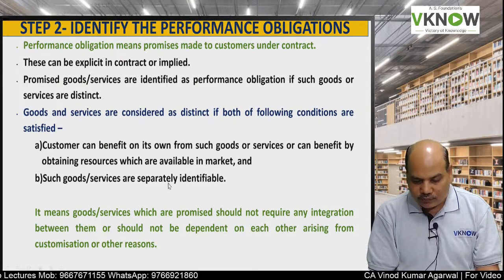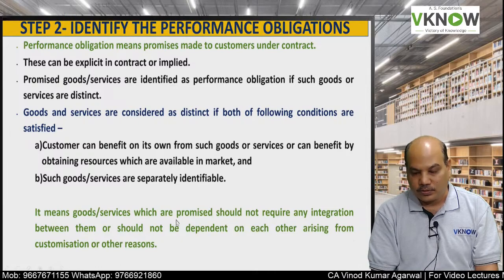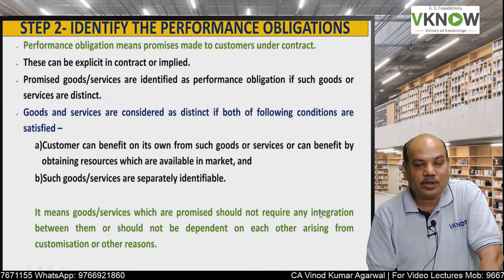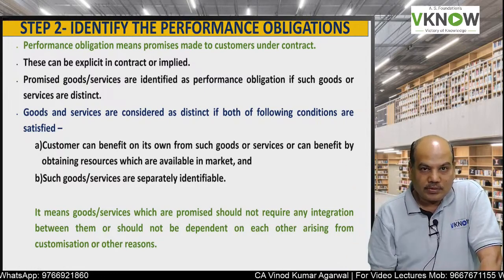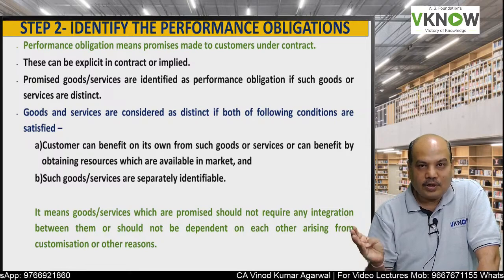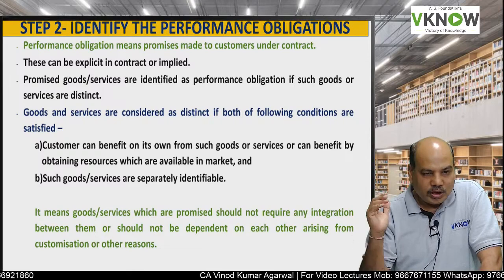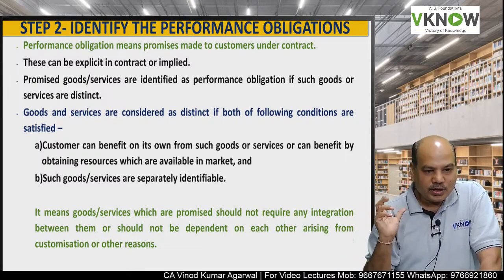So what is the meaning of this last line, separately identifiable? It means goods and services which are promised should not require any integration between them. For example, in construction of a building, there are electrical work, plumbing work, carpentry work, and so many other activities which are integrated, interlinked with each other.